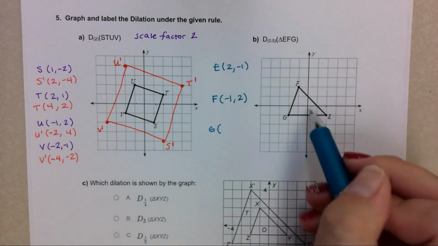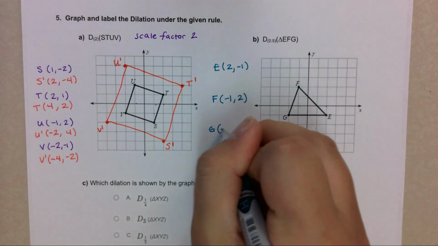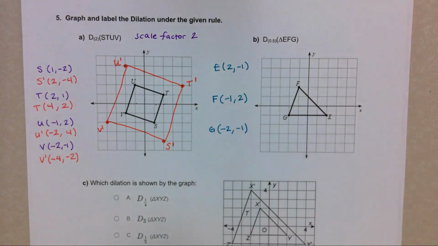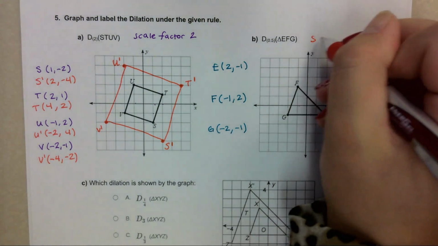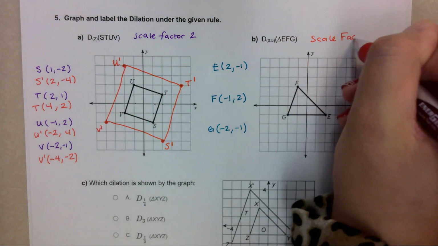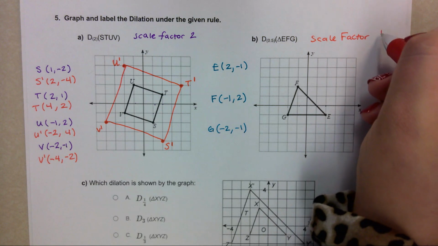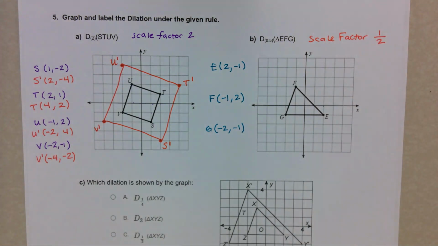And G is at -2, -1. And so my scale factor of 1/2 means I'm going to multiply each of those by 1/2, or divide by 2.